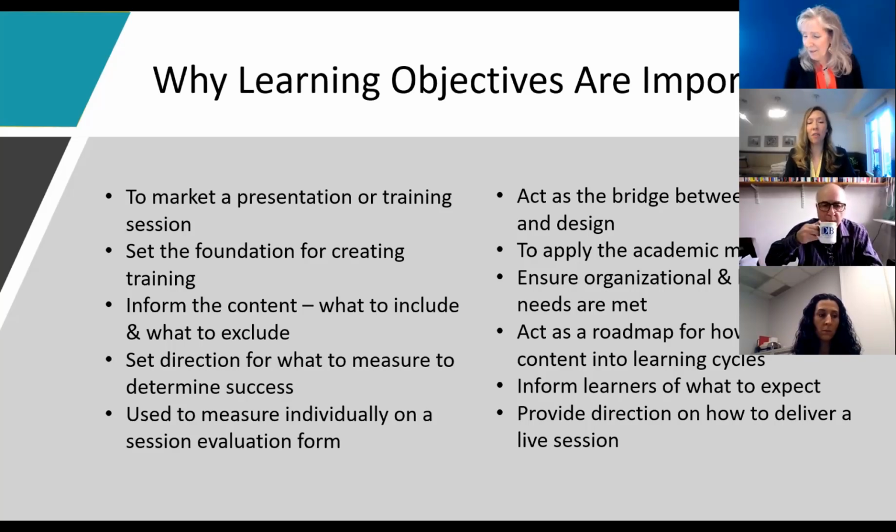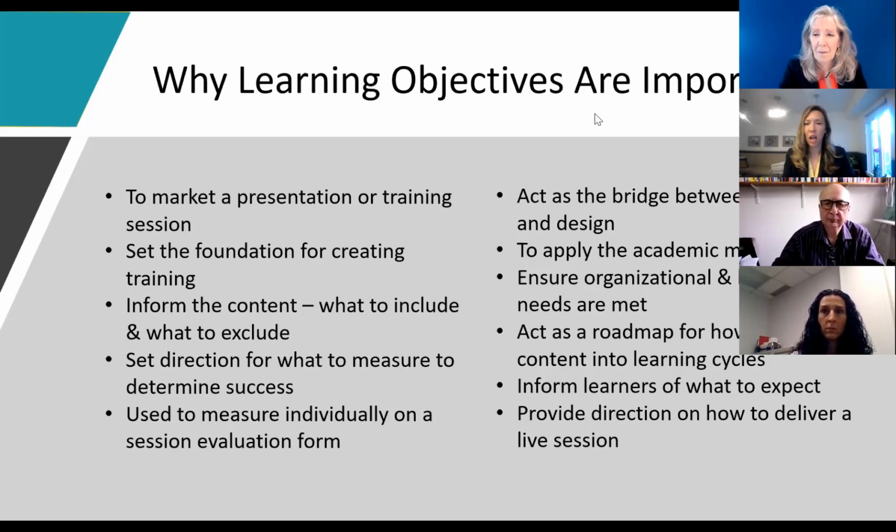So let's look at learning objectives and their importance and purpose. We wanted to have you use your annotation tool. You can go to the top of the screen under view options, click on that and go down to annotate. And then when you go to annotate, you have a number of things to choose from. I encourage you to go to the stamp. You could pick the check mark or the star or something, and then put a stamp beside all of the reasons why you think learning objectives are important.